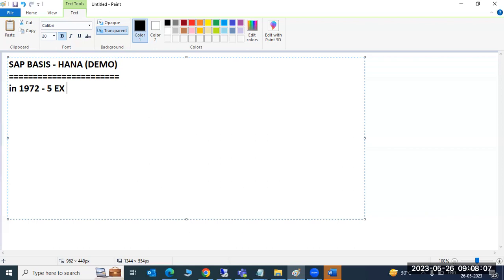A lot of innovations have happened in SAP. Before going to discuss SAP, it comes from ERP.